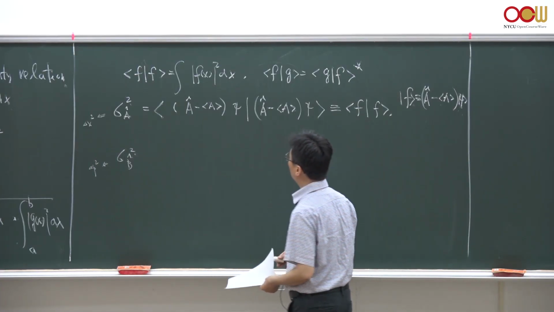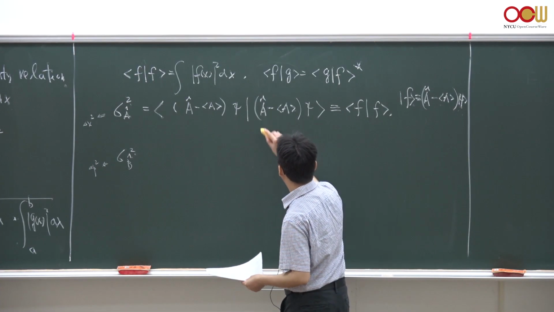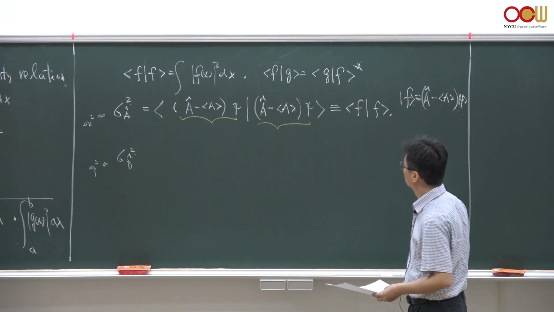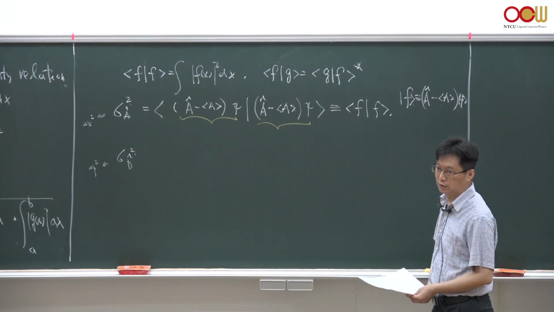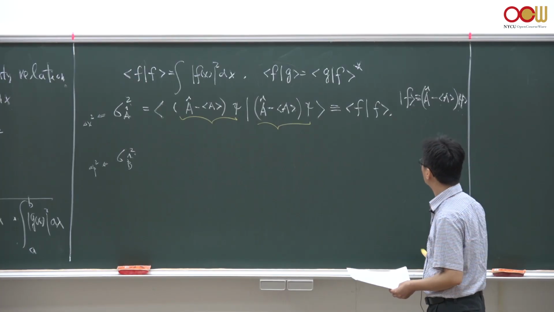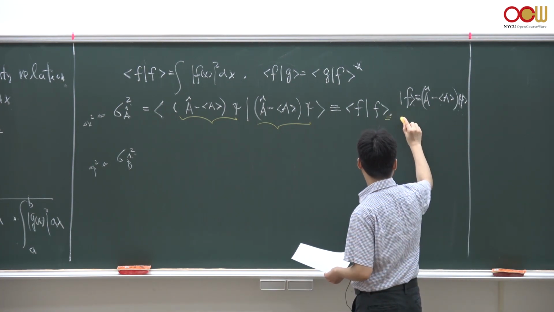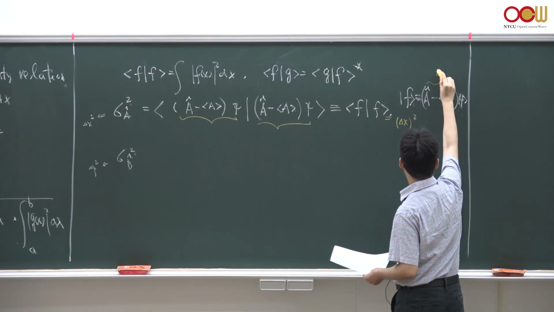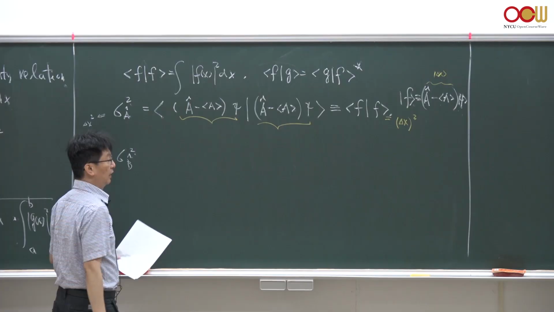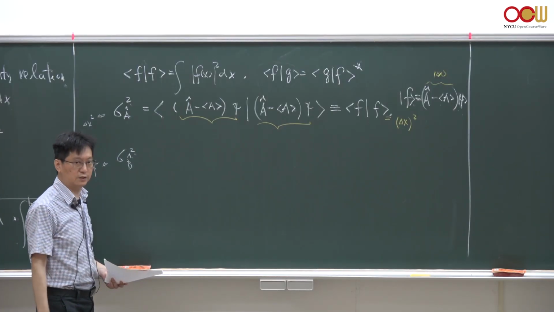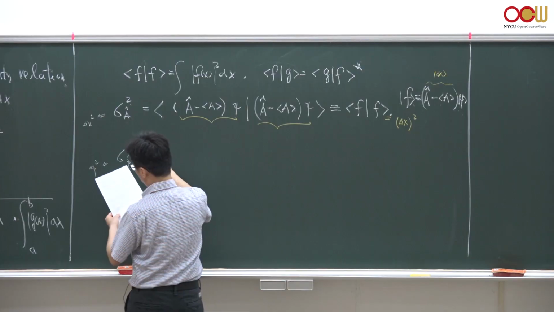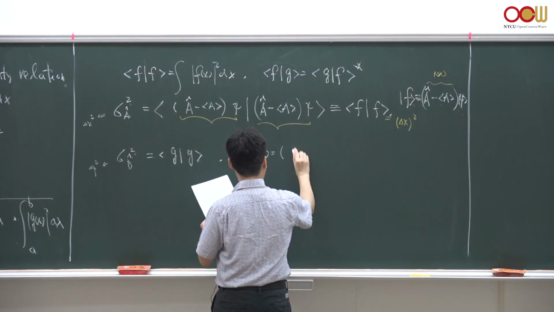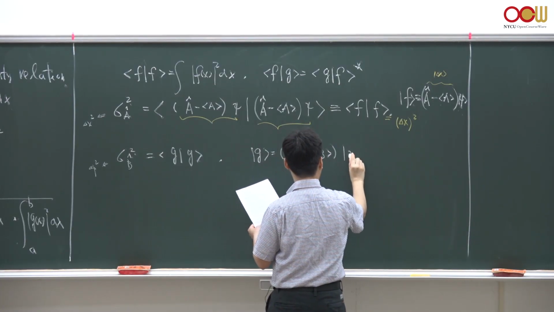If you project this f on f, it really gives you the square of your standard deviation. You can consider f as some sort of a deviation. And likewise, I could define the square of the deviation for operator B, where the state g is defined again in the same way.